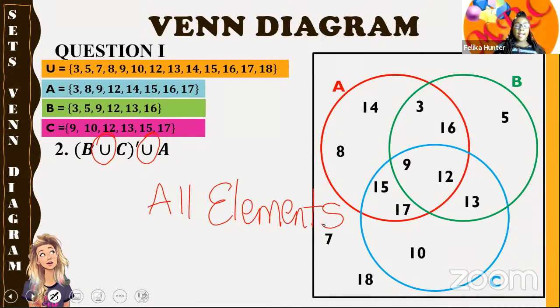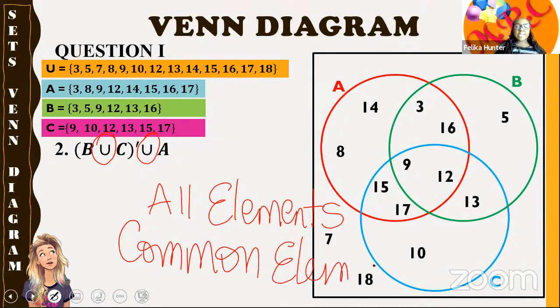Those that are joined. All right, thank you, Michaela. So I want you to remember what union is and what intersection is. For union, all elements. If I say the union of A and B, you're going to tell me everything that is in A and B. So you're putting them together.